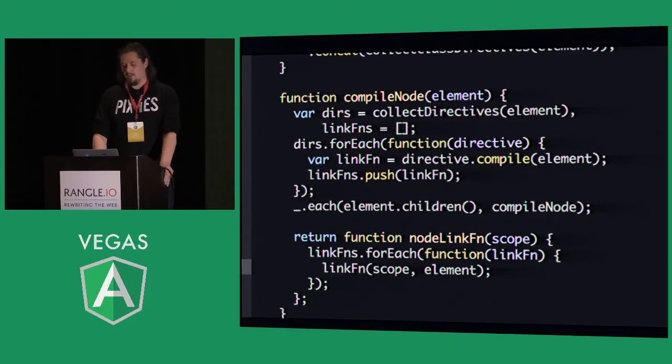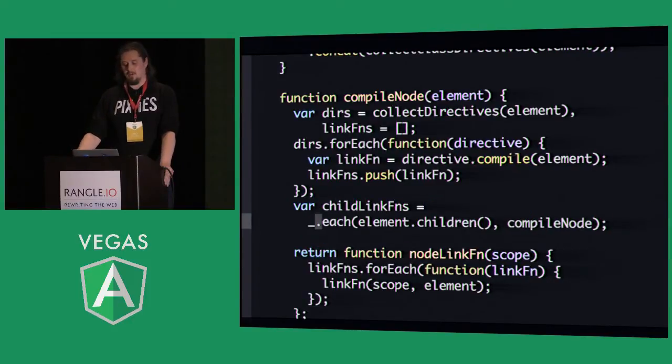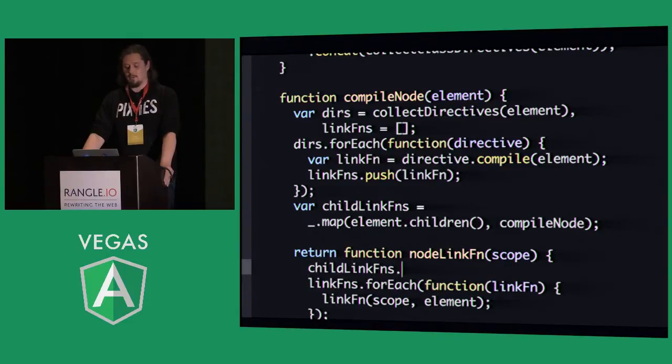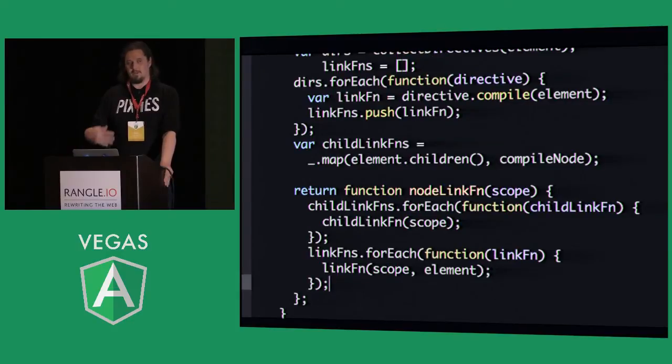So actually, if we hold on to the return values of those recursive calls to compile node, that gives us an array of the node link functions, one for each of the child nodes of this node, and we can do that using map. So then we can call those too during linking. We have another array which we can loop over and call each of those functions inside. And this is essentially the node link function recursively invoking another instance of itself for one of the child nodes.